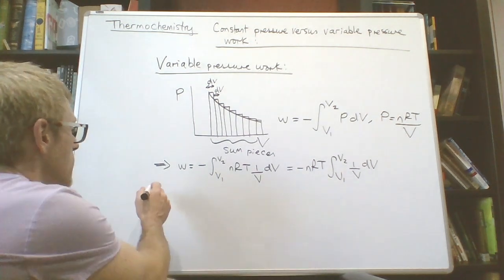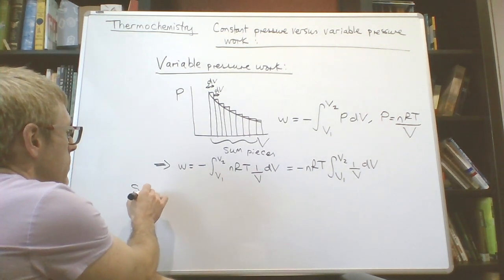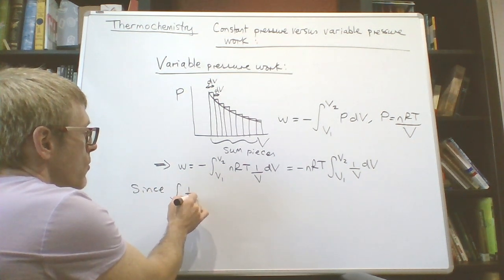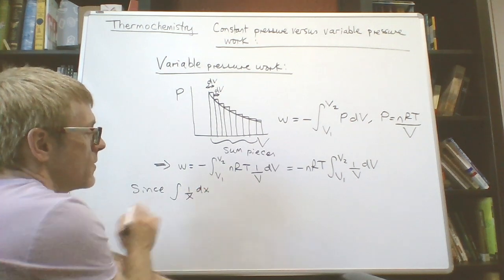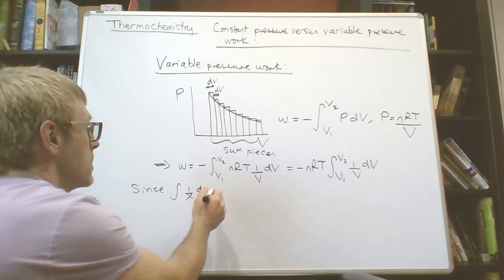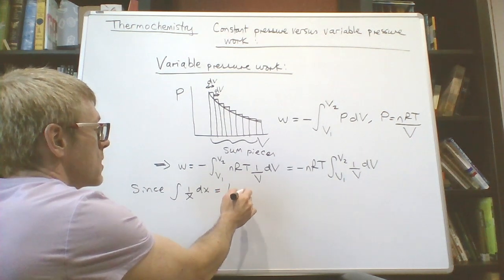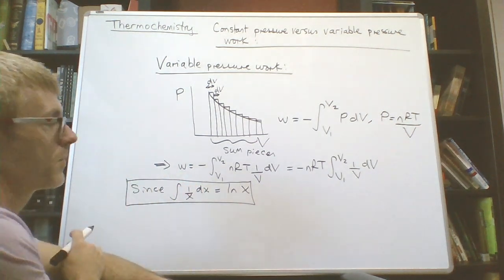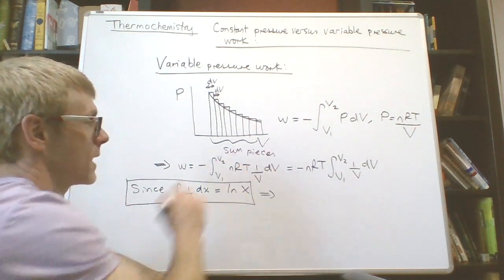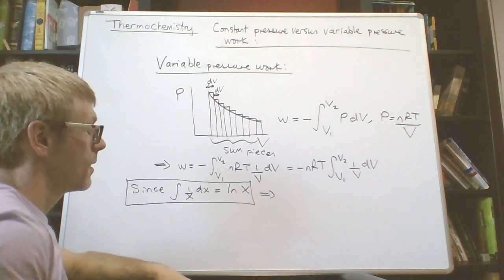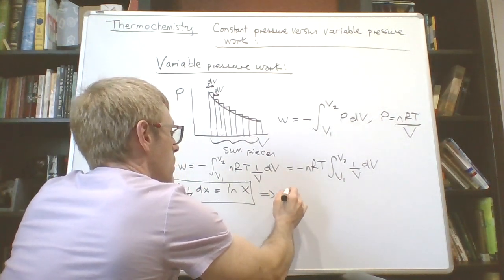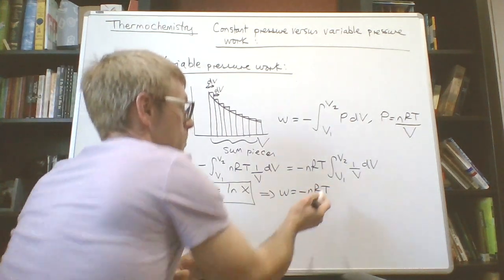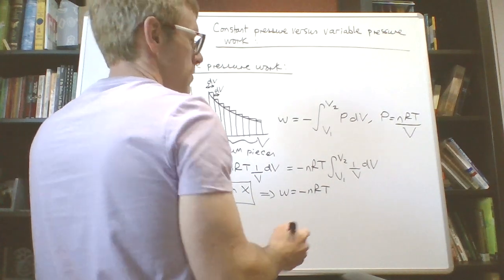Now there's a rule that says when you sum 1 over a variable x as x itself changes, so x can be anything, by definition, it equals log x. Then we can apply that to our case here. So we have work is minus nRT, and then I apply the log to both the final and initial volume.